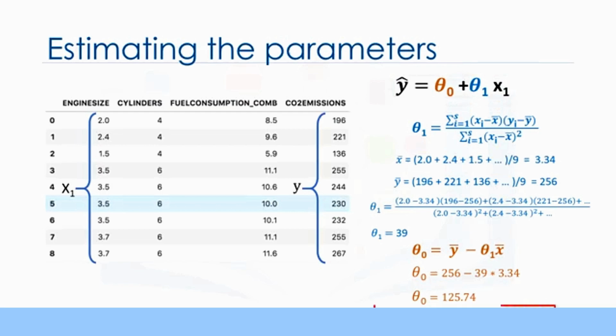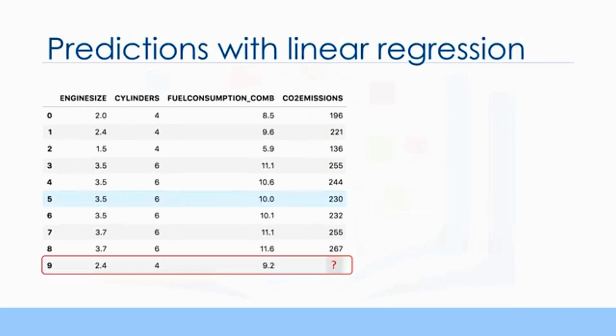Now, we can write down the polynomial of the line. So we know how to find the best fit for our data and its equation. Now the question is, how can we use it to predict the emission of a new car based on its engine size? After we found the parameters of the linear equation, making predictions is as simple as solving the equation for a specific set of inputs.